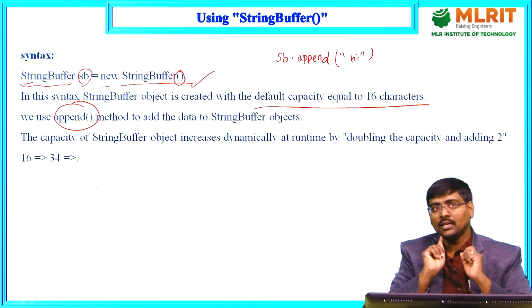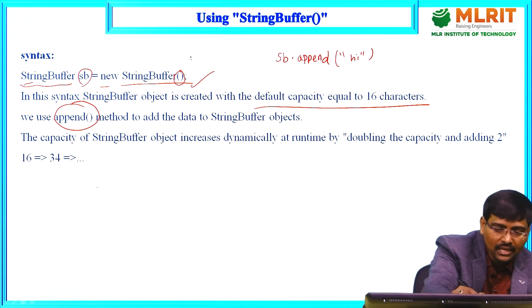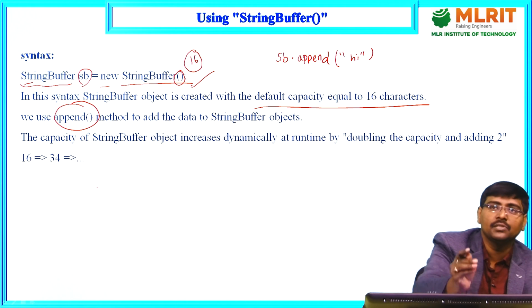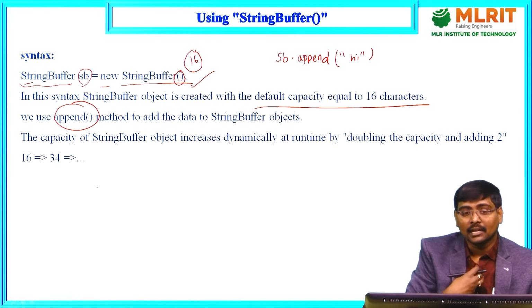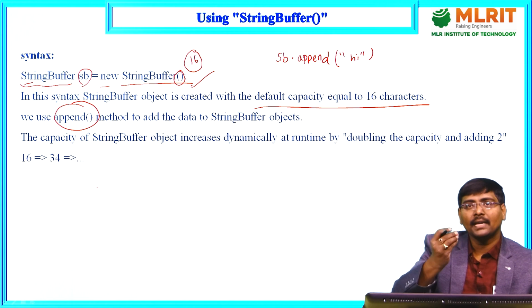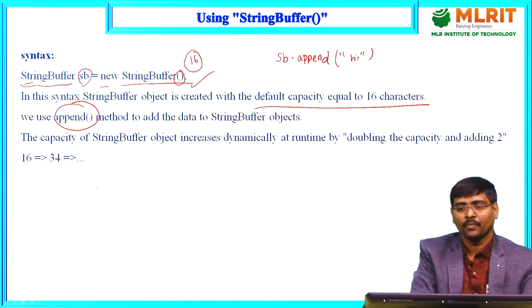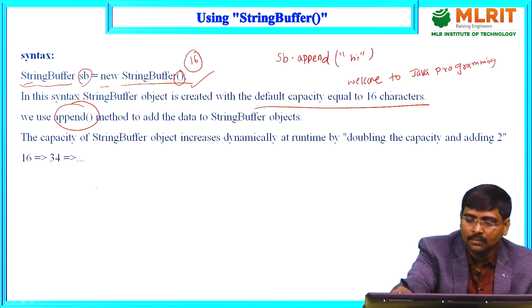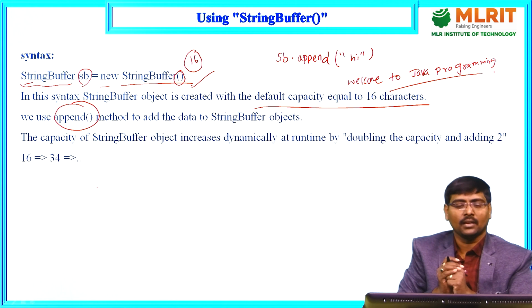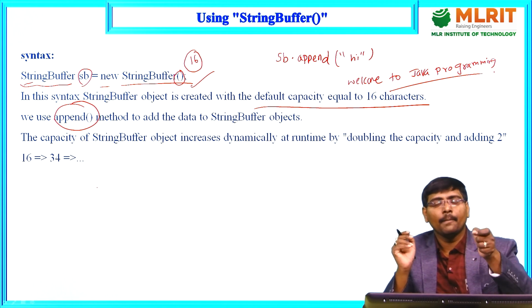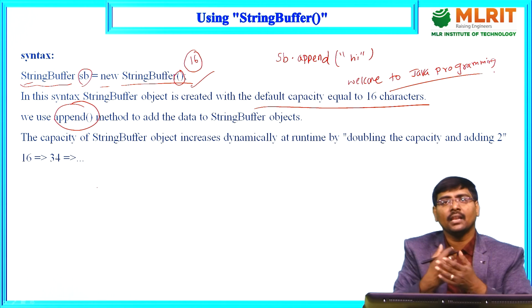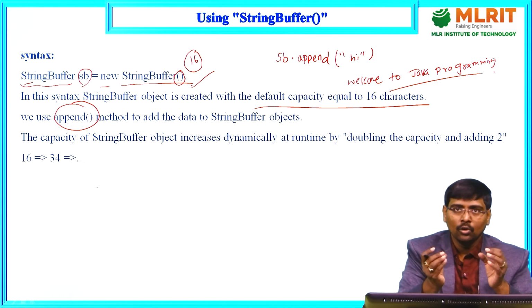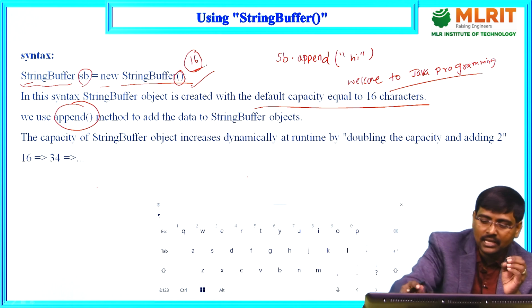Now, one question: sir, the buffer is created with a capacity of 16 by default, that means I can store a maximum of 16 characters. For example, if you want to store "welcome to Java programming", approximately the length is 30. Assume the length is 30. But the buffer can store a maximum of 16 characters. Then how will it store? By default the capacity is 16.